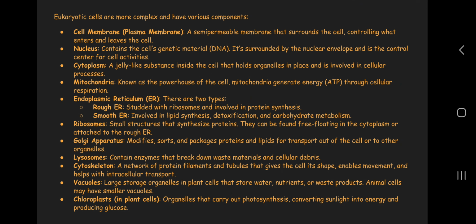Cytoskeleton, a network of protein filaments and tubules that give the cell its shape, enable movement, and help with intracellular transport. Vacuoles, larger storage organelles in plant cells that store water, nutrients, or waste products. Animal cells may have smaller vacuoles. Chloroplasts, in plant cells, are organelles that carry out photosynthesis, converting sunlight into energy and producing glucose.